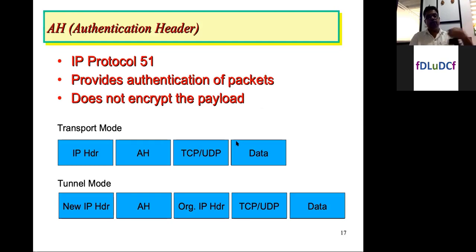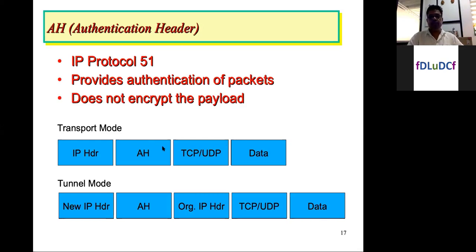Let's have a look at how this authentication header looks in both modes, the transport mode and the tunneling mode. The transport mode basically protects the data. Data to the IP layer is the data of the application plus the TCP header or the UDP header. Including this top layer header, we consider that as the data to the IP layer, as I guess you know.